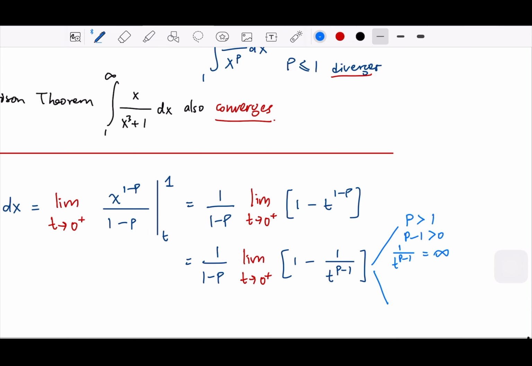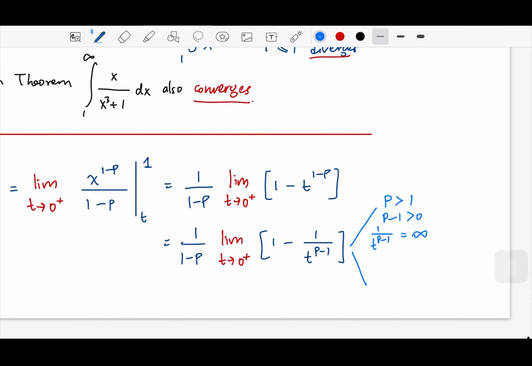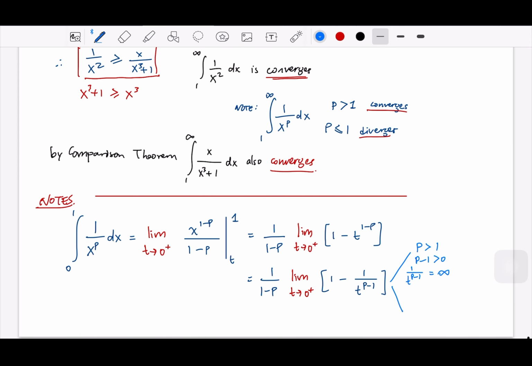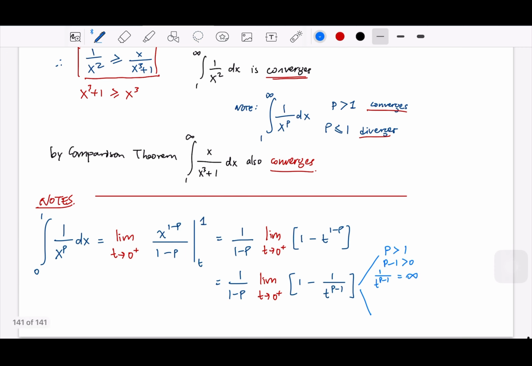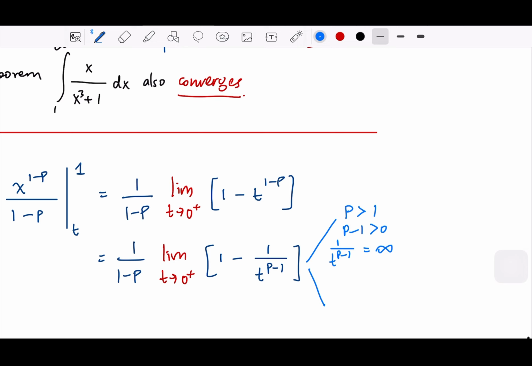The second, if we take p is less than 1, let me move a little bit to the left side, okay? And the other part, let's say p is less than 1.